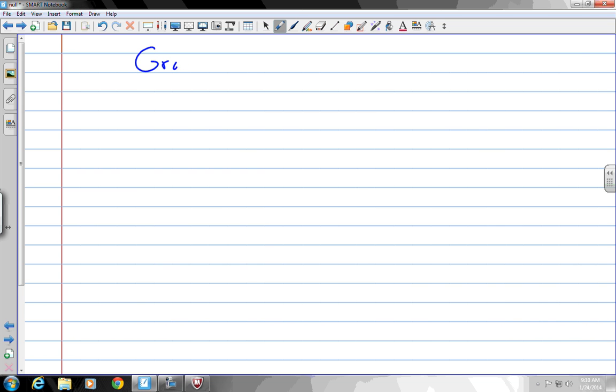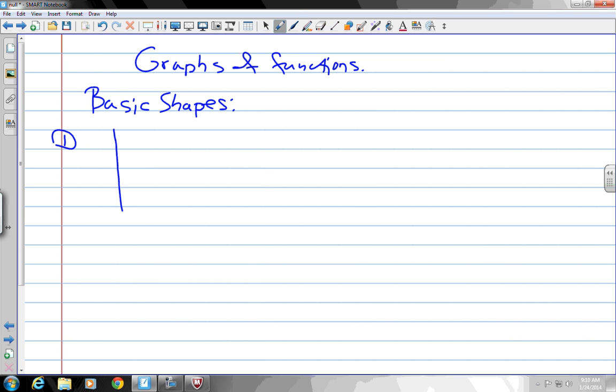So graphs. So basic shapes. These are the shapes that you need to know. You need to know your parabola. So this is f of x equals x squared. So we all know the graph of the quadratic.